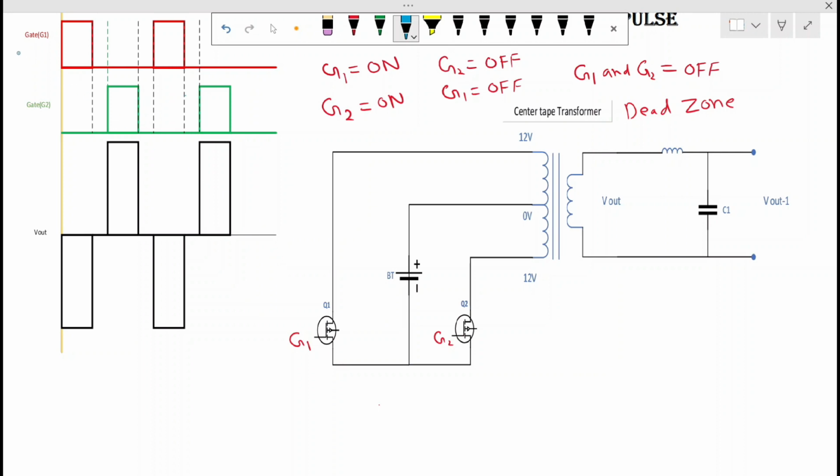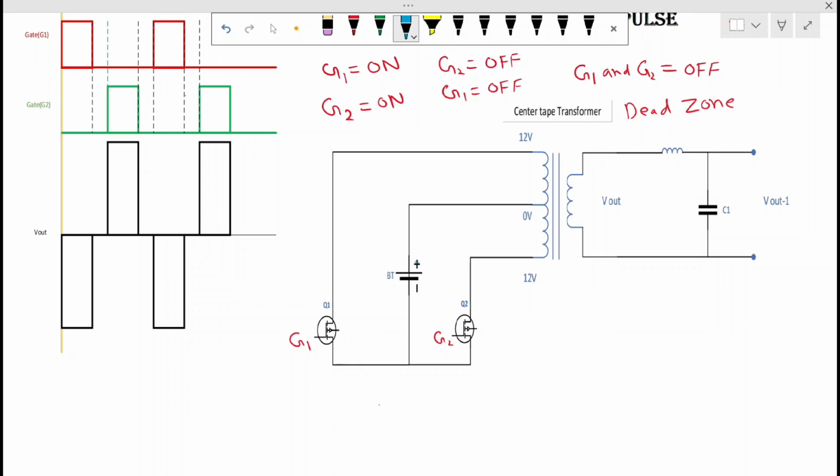These two gate pulses are very important. They only will drive our switches. The switch can be MOSFET, IGBT or transistors based on the design of the inverter.